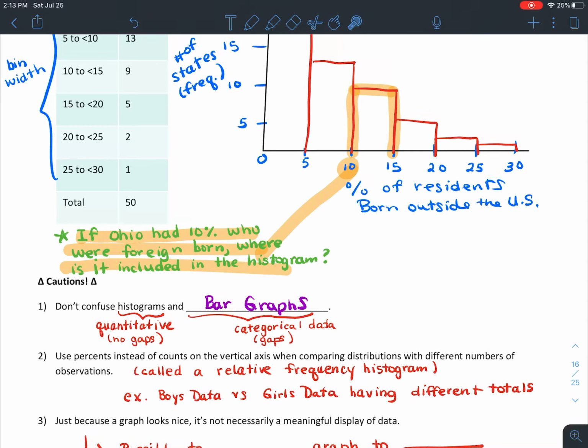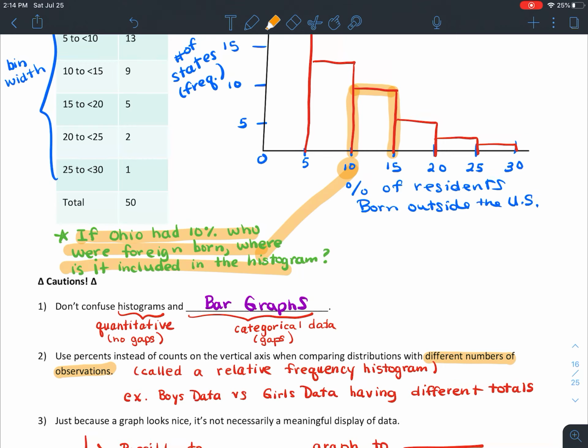Okay, it says here, another word of caution, use percents instead of counts on your vertical axis if you are comparing distributions, here's the key, that have a different number of observations. So if you're going to compare things and there's a different number of observations, you always want to switch to percentages.